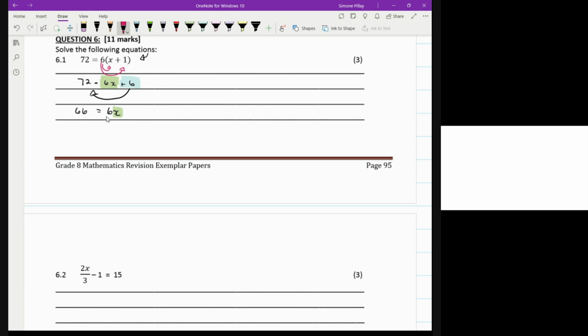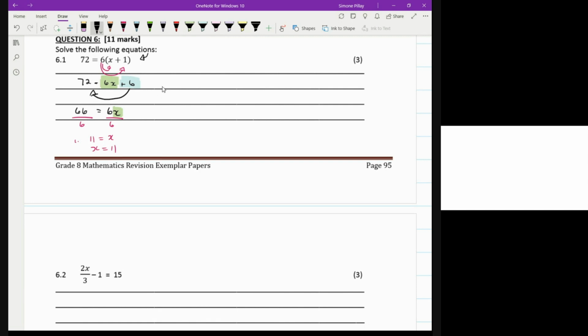So to get the x alone, we have to divide both sides by 6. 100%. And what do we get? Therefore, 11 is equal to x, and then x is equal to 11. Beautiful. Thank you very much, you guys, for helping me with that one.